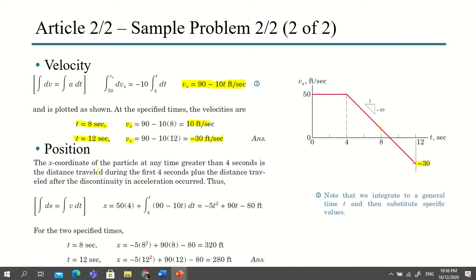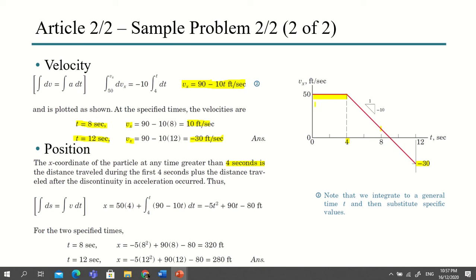All right. So for the position, the position is the x coordinate of the particle at any time greater than 4 seconds, meaning after this point, which is the time 4 seconds. Because within the first 4 seconds there was no change of the velocity, the acceleration is 0.